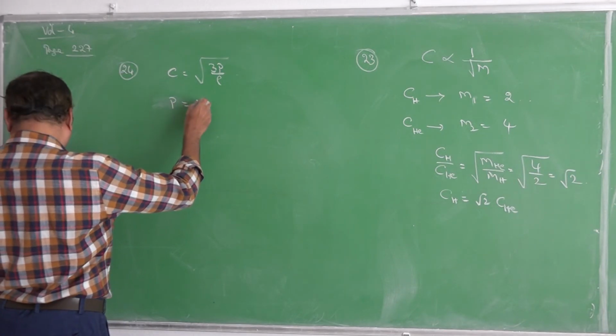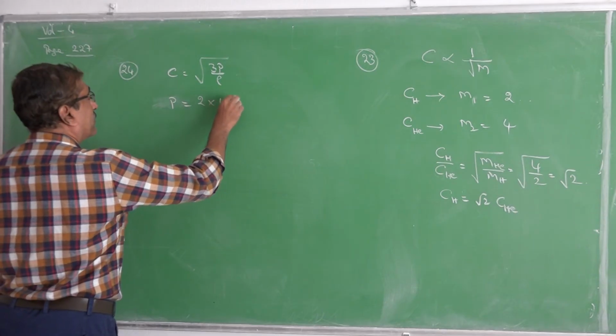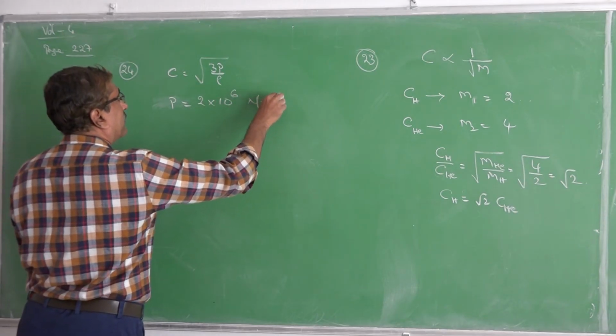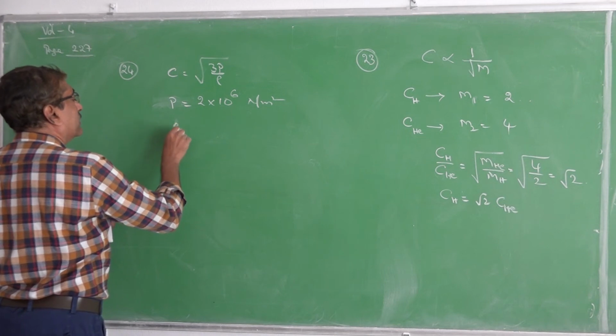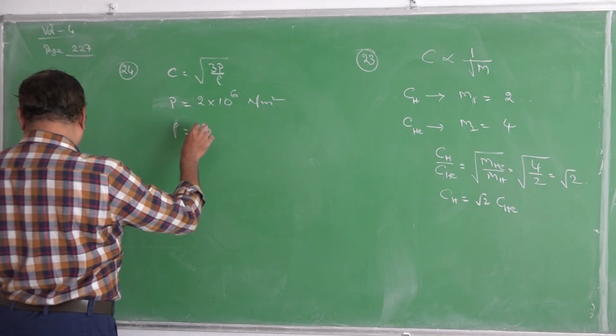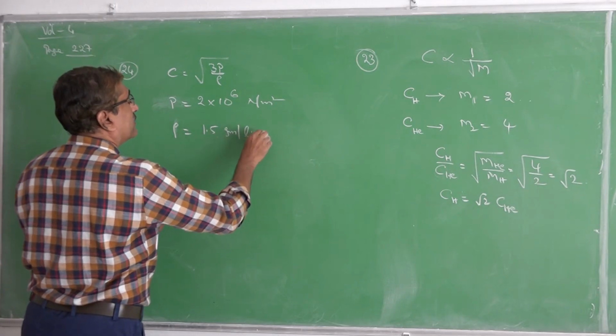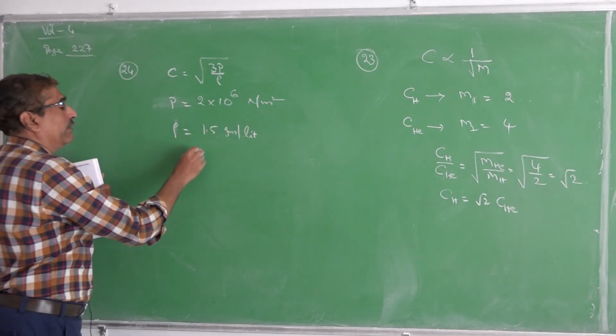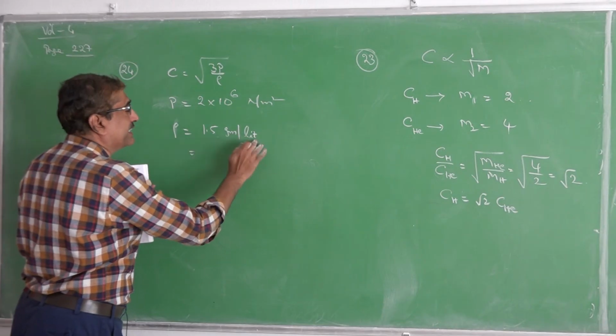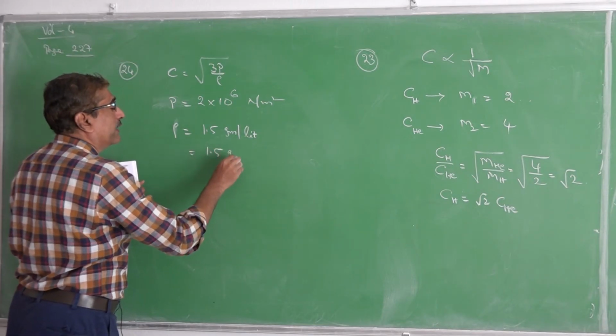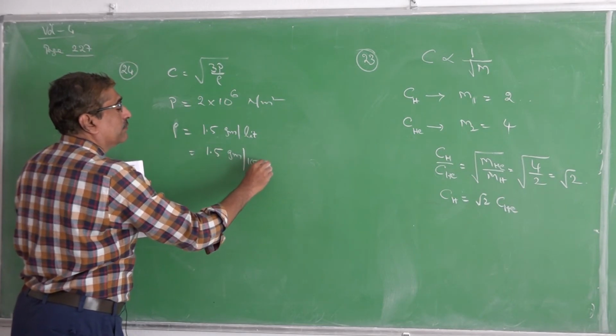Pressure is given as 2 into 10 to the power 6 Newton per meter square, but density is given as 1.5 gram per liter. To convert into kg per meter cube, first we convert into gram per cc. So that is 1.5 gram per 1000 cc.